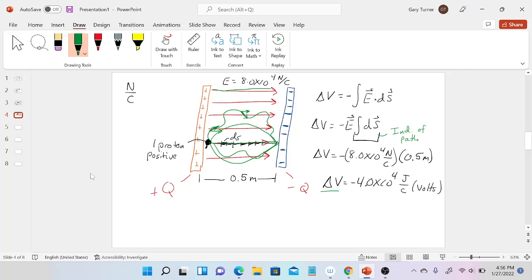And so the result of that is when I integrate and I take the dot product between E and ds, only the cosine components between those two vectors get picked out. And so my integral along ds will just simply be the total path length between the two plates along a straight line if I can pull E out of the integral. Okay, so we have that.